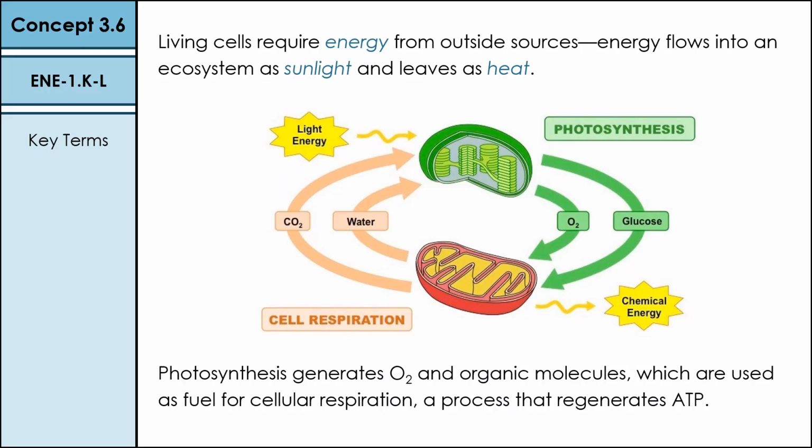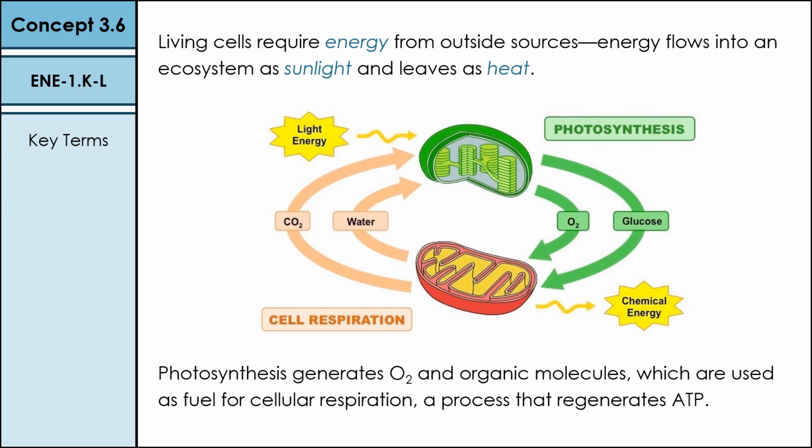You may recall from previous units that living cells require energy. We have all sorts of things going on within our cells that need energy in order for them to occur. So within our ecosystem, the main source of energy is the sun.